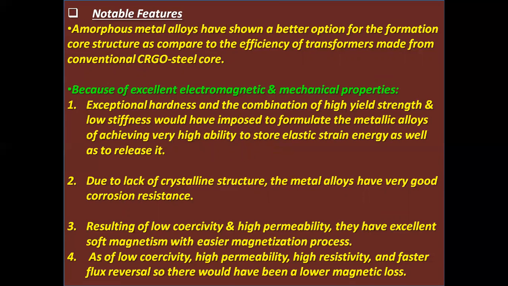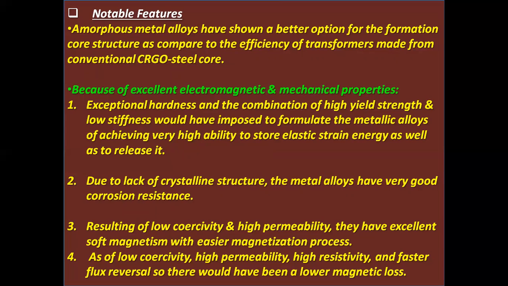Because of excellent electromagnetic and mechanical properties: one, exceptional hardness and the combination of high yield strength and low stiffness give the metallic alloys a very high ability to store elastic strain energy as well as to release it. Two, due to lack of crystalline structure, the metal alloys have very good corrosion resistance.